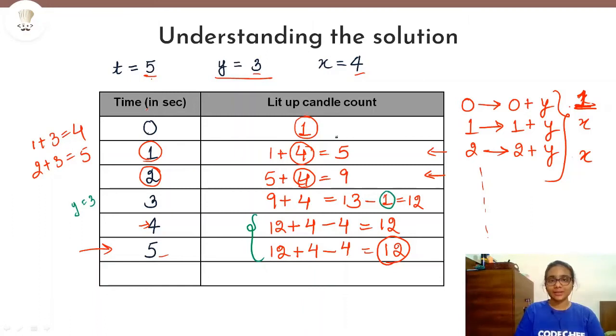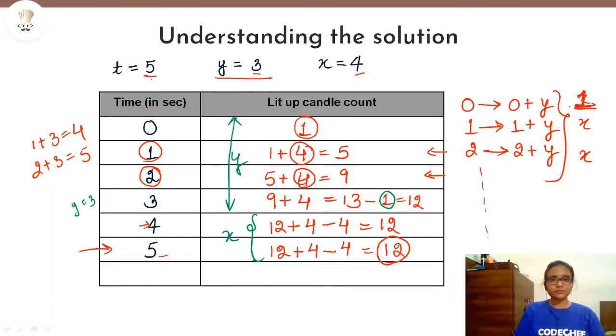We did not light it up, so we can ignore this. But we can see that for the first y seconds, no candles are getting extinguished. And after these y seconds, whatever candles have to get extinguished, they are getting extinguished, and a fixed number, x candles per second.